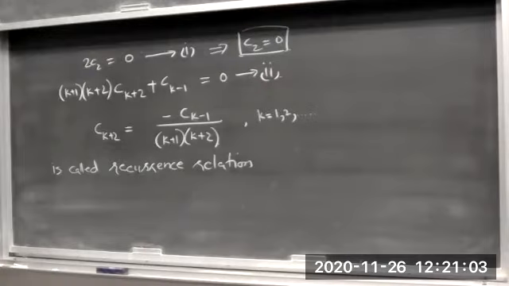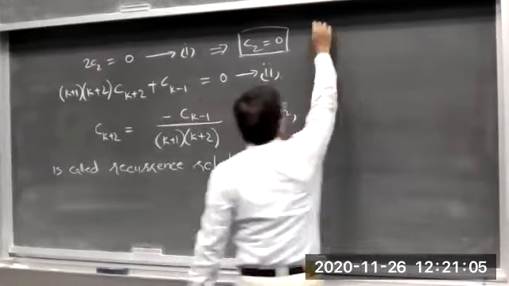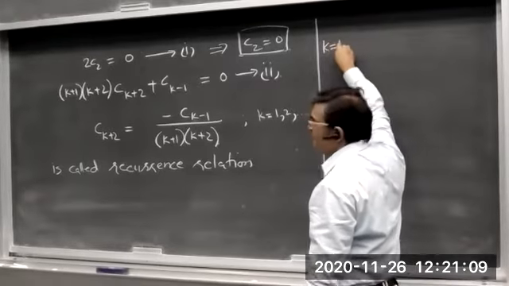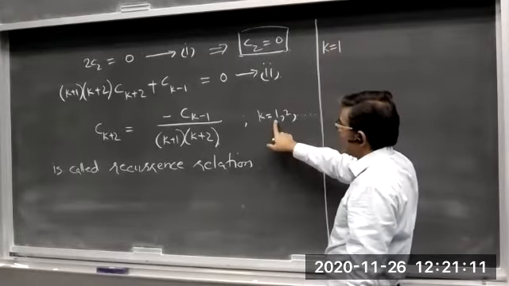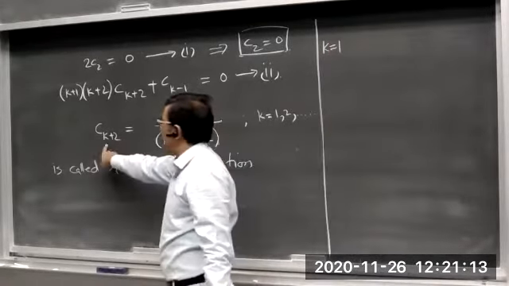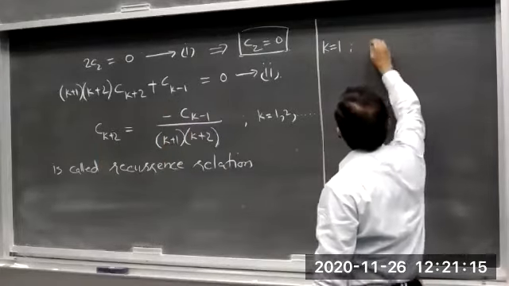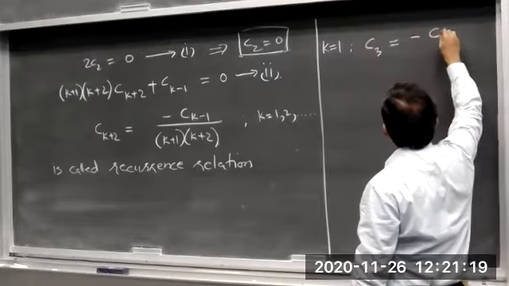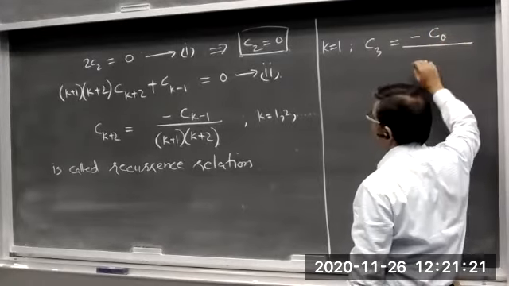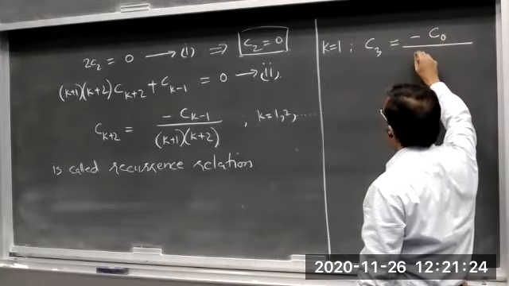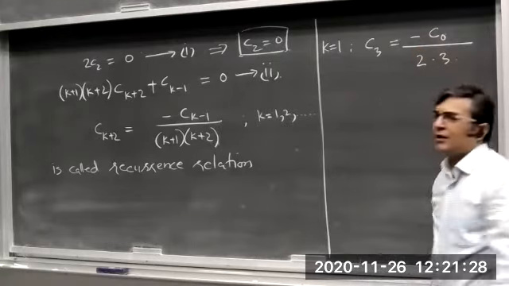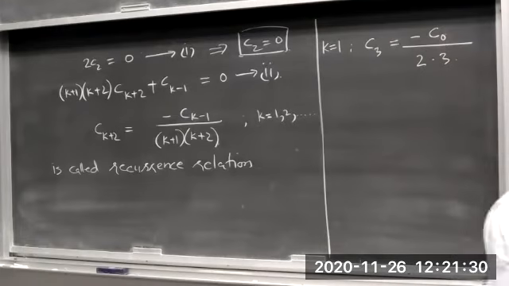Now inserting the values of k. For example, if we put k is equal to 1 here, it gives us C3 is equal to minus C0 divided by 2 into 3. So this is the value of C3.